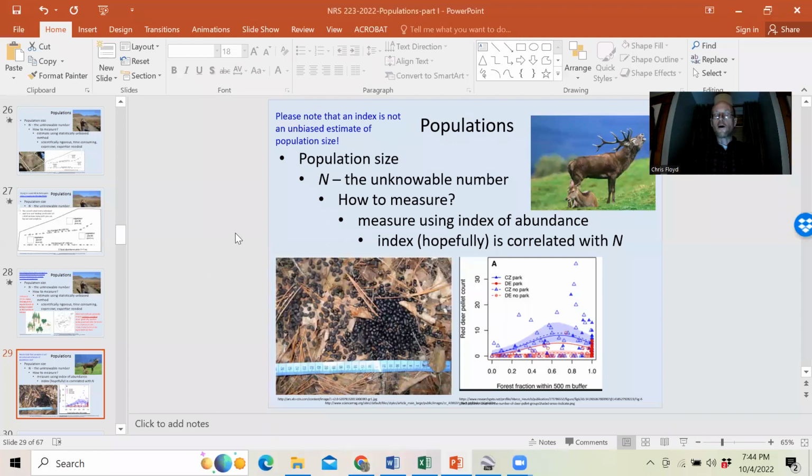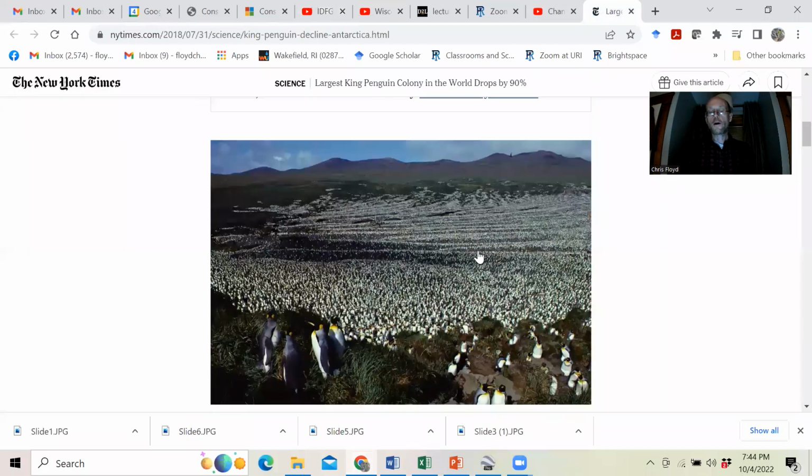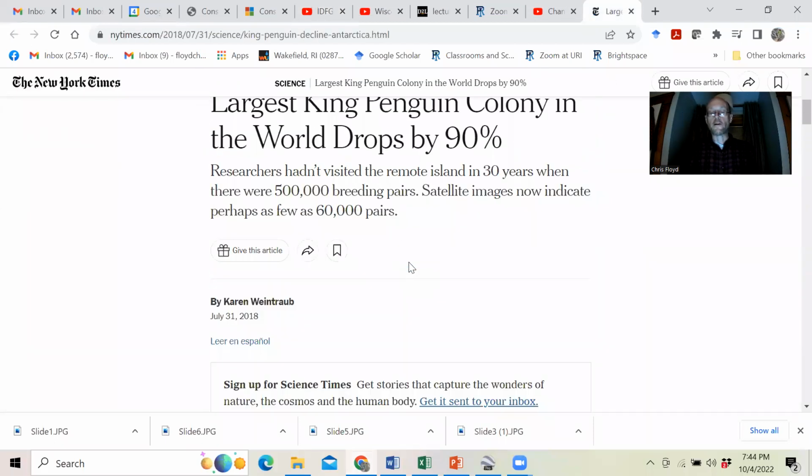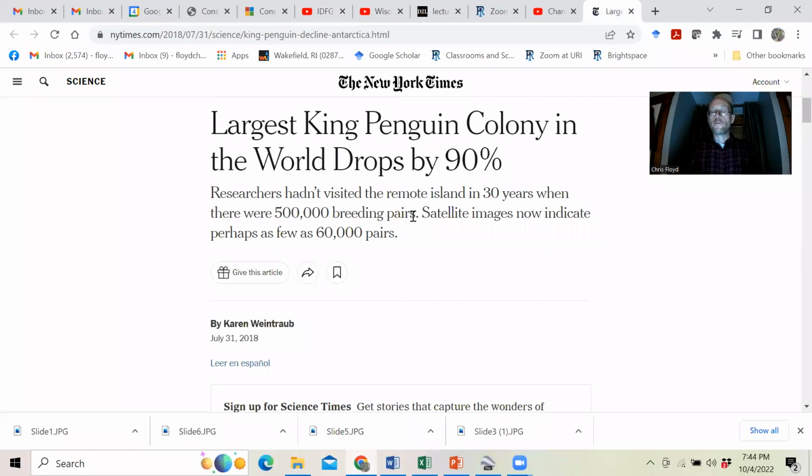And that index should be correlated with the real N. So when the real N, the unknowable N, increases, then your index should increase. And when it decreases, your index should decrease. So if your species is headed for extinction and it's not looking good, then your index should decrease. So in the case of the penguins here, they detected a 90% decrease in satellite images.